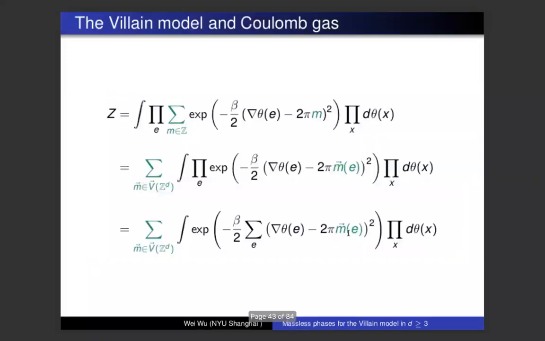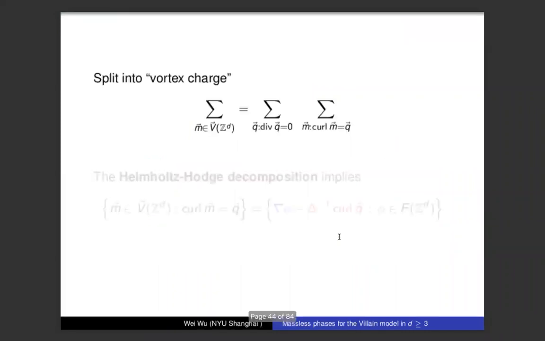Now, how does this work? We start with this Villain model, and first we exchange the summation and the product. Basically, M is going to be a 1-form, because on every edge it has an integer value. So you take the sum over M out, and then we split this sum.